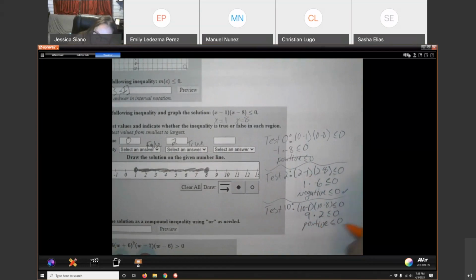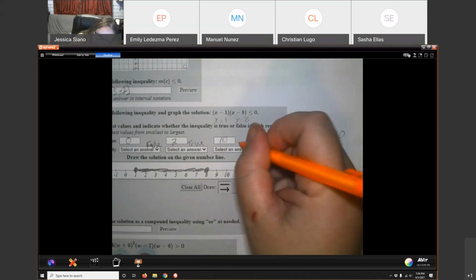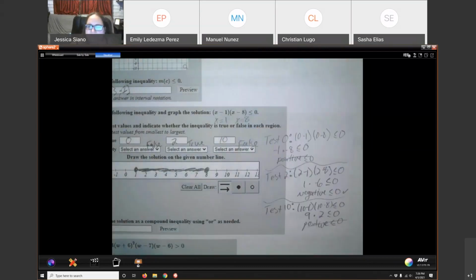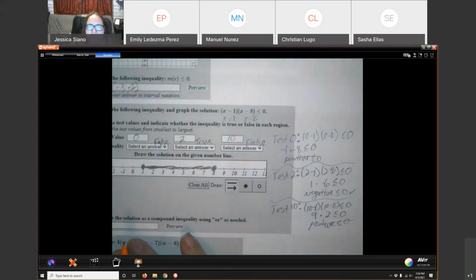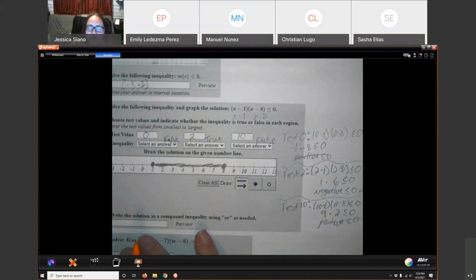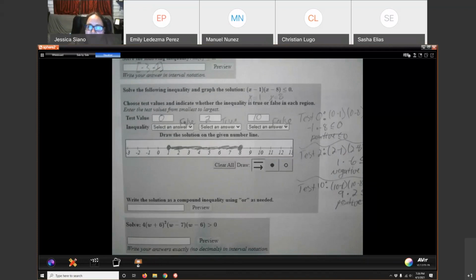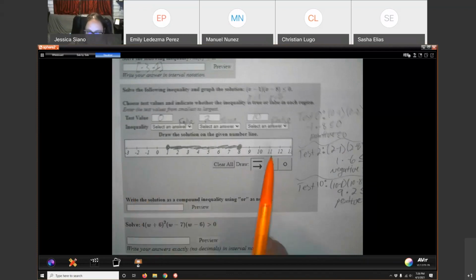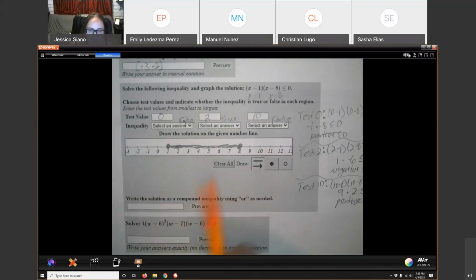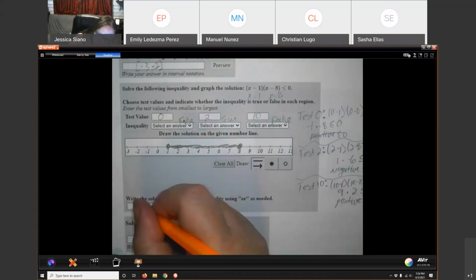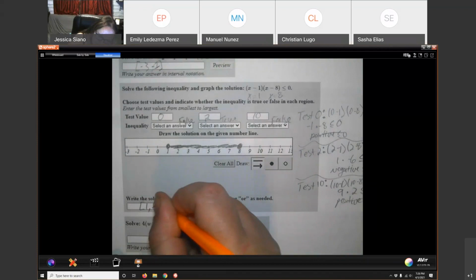And so this is false. So when your inequality is false, you do not shade the line. When it is true, you do shade the line. And now once you've checked all of your sections, you look at your number line and you write your interval notation based on that number line. So here I would say that my solution would be from 1 to 8.